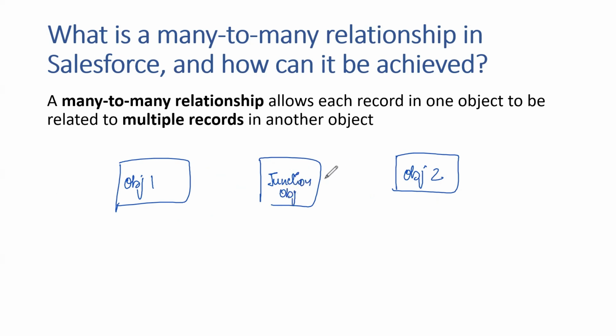And then on the junction object, we create two one-to-many relationships, with both object 1 and object 2. So this is how we achieve a many-to-many relationship in Salesforce, that is using the junction object.